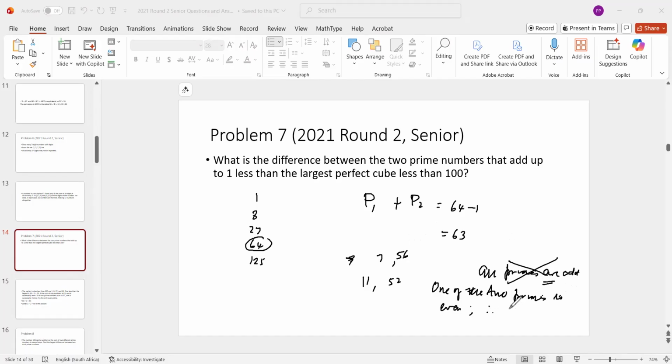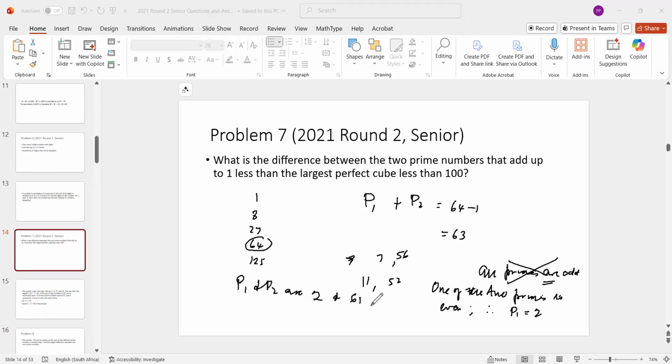Therefore, that number P1 must be 2. That's the only even prime number. So your numbers P1 and P2: one of them is 2, the other one is 61. Okay, that's fine because that's a prime number.